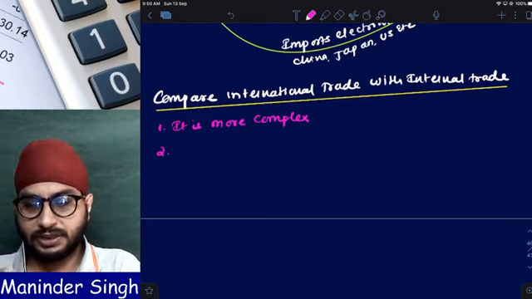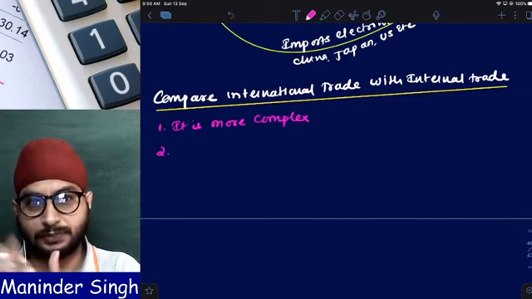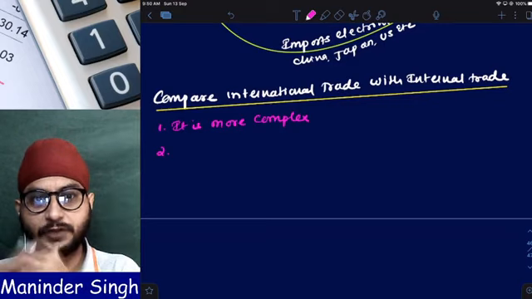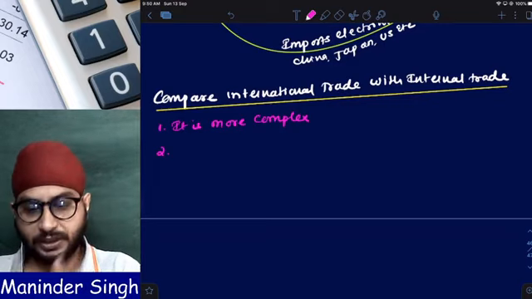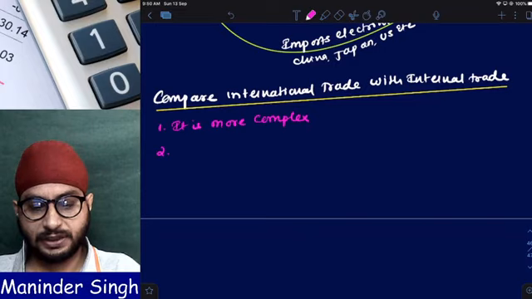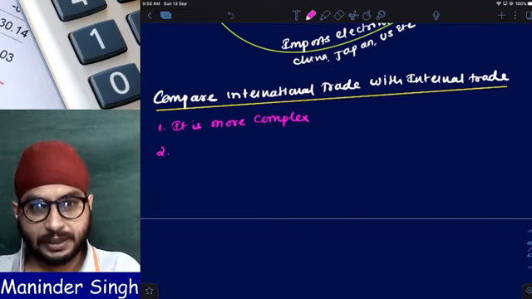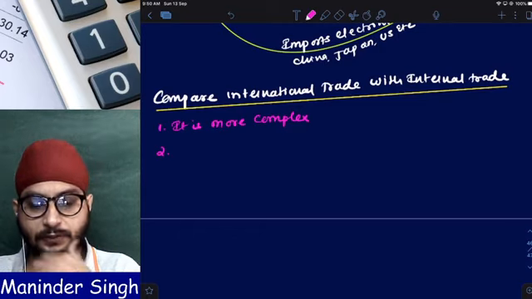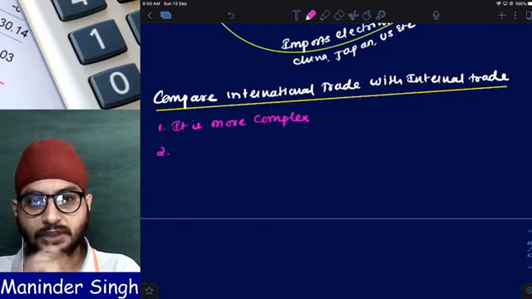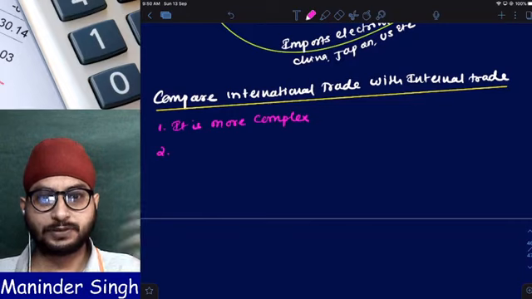Now tell, are customers in India and customers outside India the same or different? They are different. Let us say India is dealing with 20 countries; in every country, will the type of customer be the same or different?